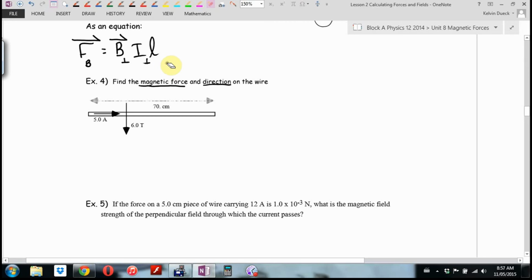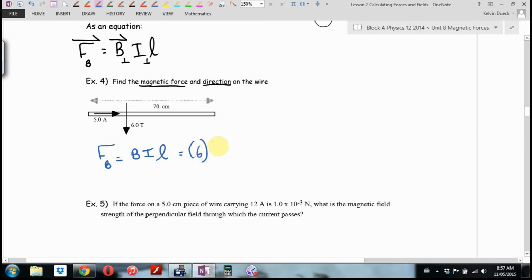My mistake. Well, let's get the magnitude. F is equal to BIL. Looking at this picture, how big is the magnetic field? Huge. Remember the MRI machine was 4 Teslas. This is big. 6. How big is the current? 5 amps.